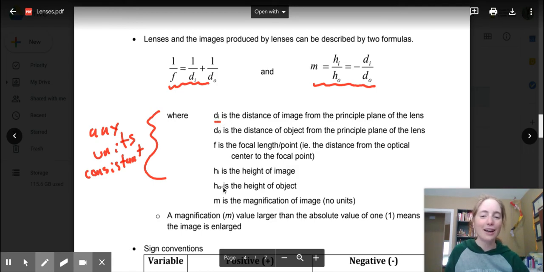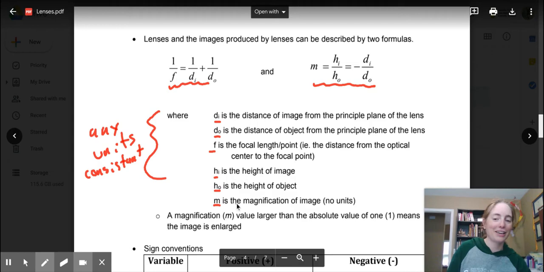All right, so di is the distance of the image from the principal plane of the lens. And do is the distance of the object from the principal plane of the lens. And df is the focal length or point, so the distance of the focal point from the optical center. hi is the height of the image. ho is the height of the object.